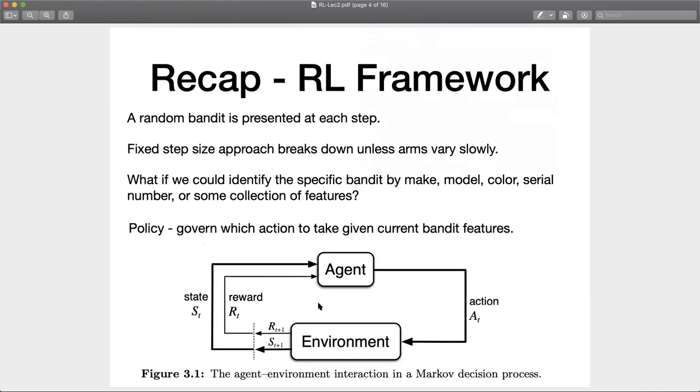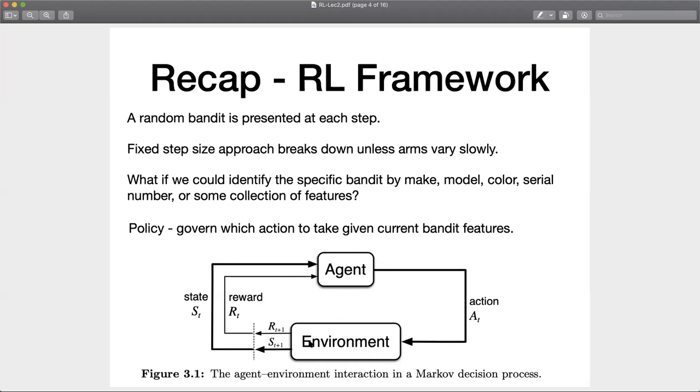Remember, I said the bandits are presented at each step, and I introduced this little figure here. The agent is the thing that has agency. It makes choices given what the environment is presenting to it.